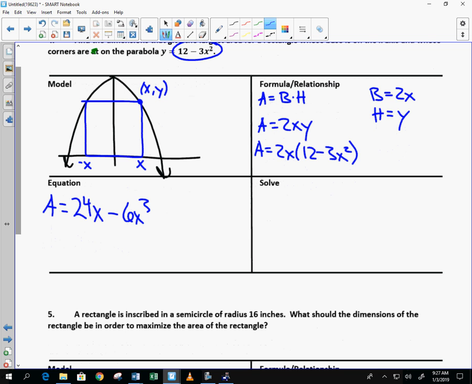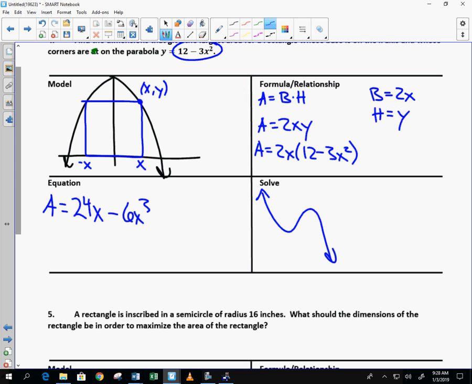What shape does it make? Except it goes the other way, doesn't it, folks? The cubic is negative. We're looking for a maximum or a minimum? We're looking for a maximum.